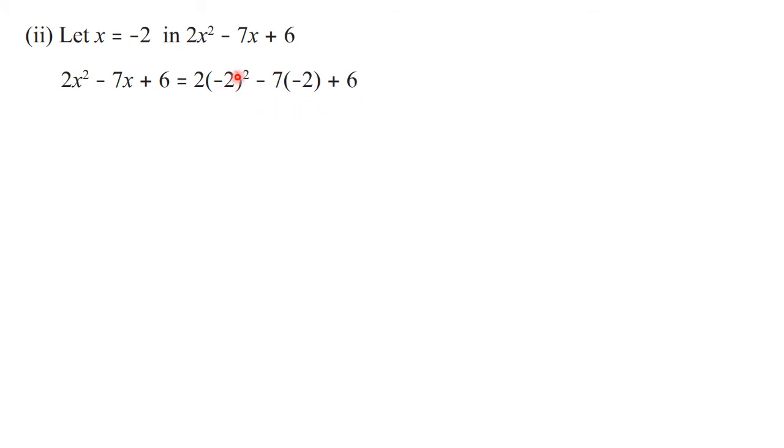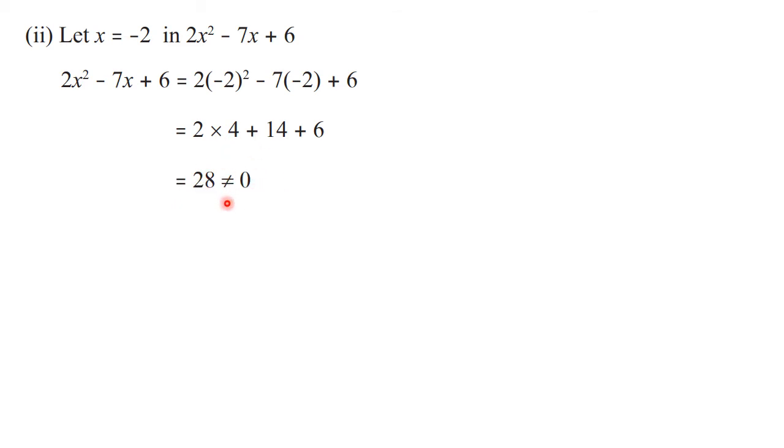Minus 2 square is 4, and 4 into 2 is 8, so here you get 8. Here minus 7 into minus 2 is plus 14. So 8 plus 14 plus 6, you get 28.